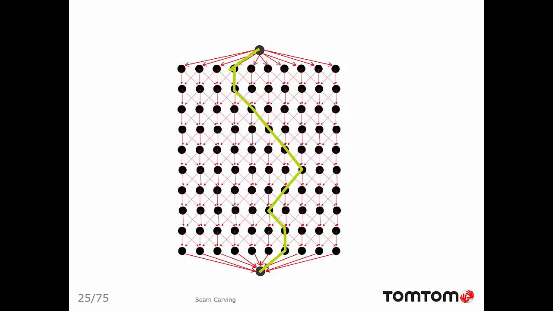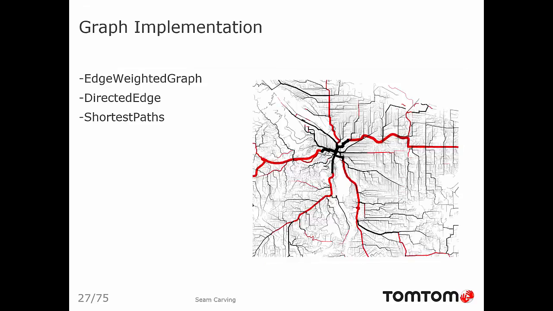And then we are able to find the shortest path in our graph from the top to the bottom and carve it out from the picture one by one, as long as we would like, to have the image that is required. So now Bartek will tell you what is the elegant way to implement graphs.